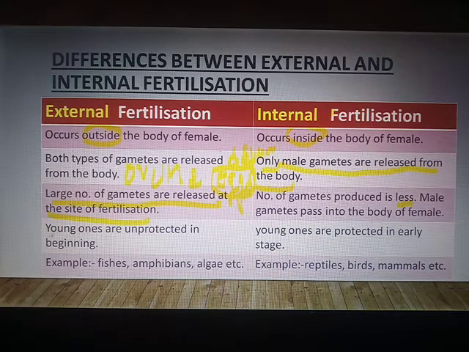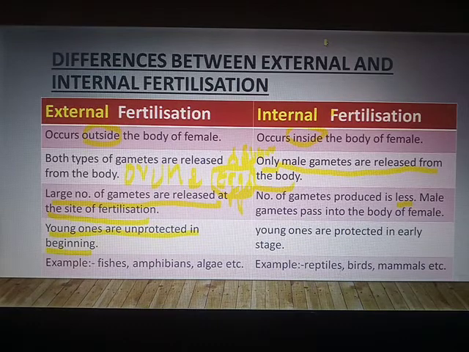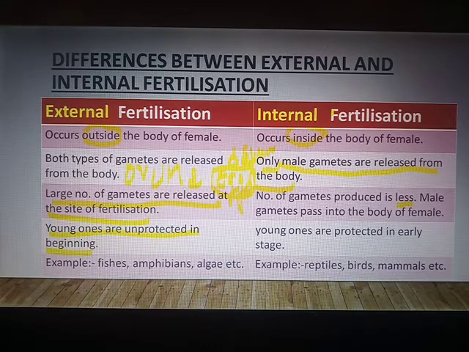Students, in external fertilization, young ones are unprotected in the beginning. Why are they unprotected? Because they are outside the female body and not safe from predators. Clear?